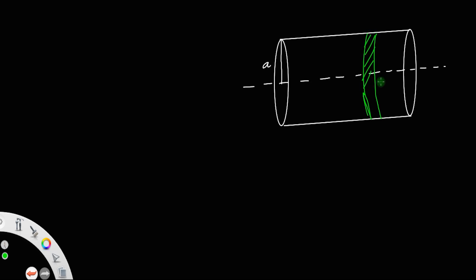This one is a small circular strip of the same radius, that is A. This strip can be anywhere on the solenoid. Let its thickness be dx.